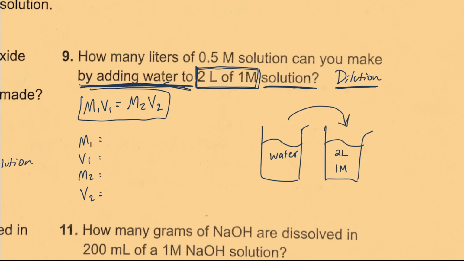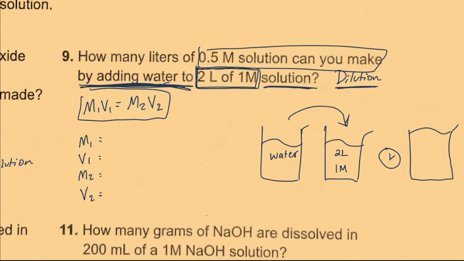Let's see, hold on. So then time passes, and now we have more solution in there because we added water. And we know that the solution we were trying to make has a molarity of 0.5 molar.